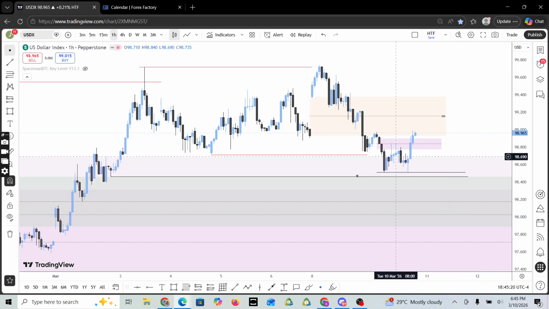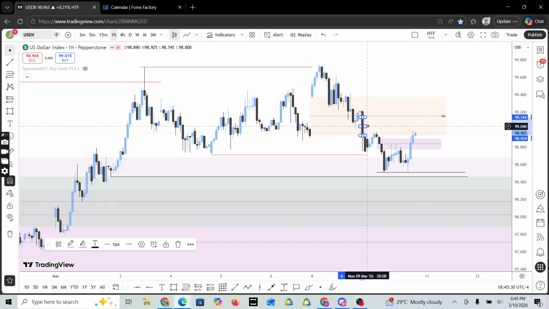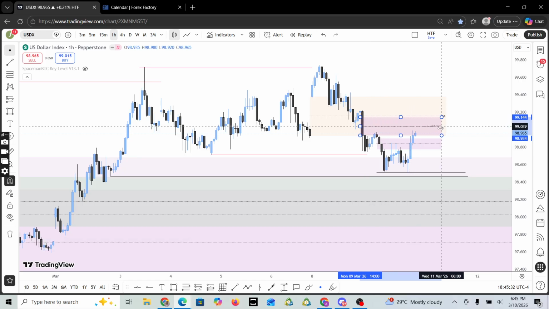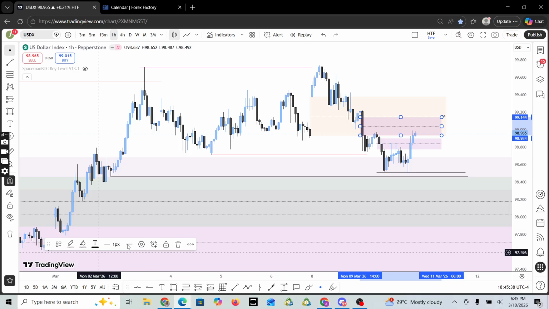Once that happens, I want to see this being used as a resistance level to trade higher. Also, I would be watching this fair value gap here. If it gets disrespected, that would be very, very good enough.